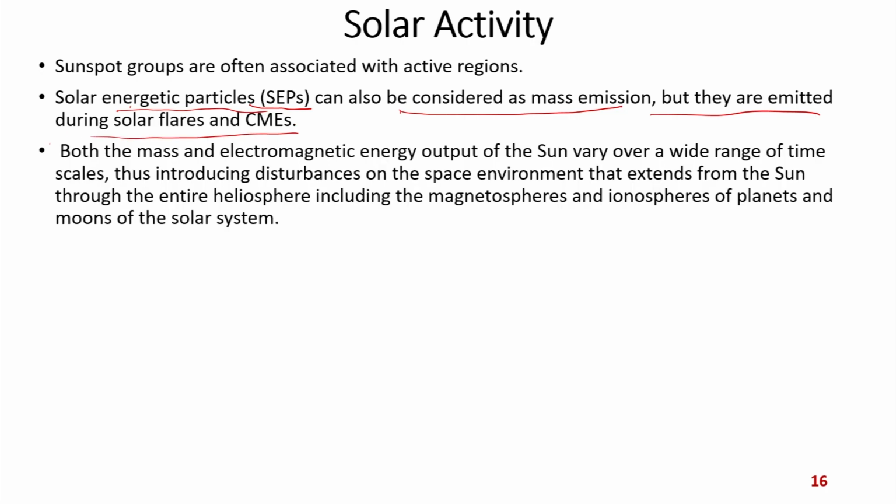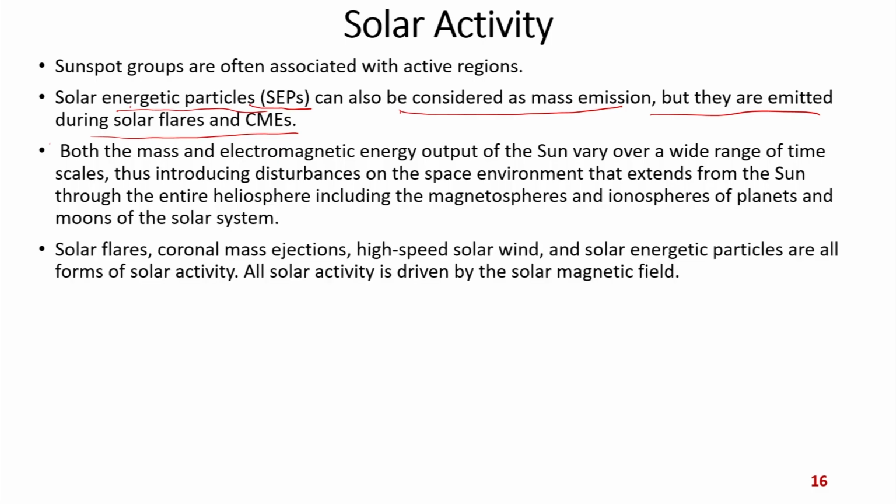Both the mass and electromagnetic energy output of the sun vary over a wide range of time scales, introducing disturbances in the space environment, and extend from the sun through the entire heliosphere, including the magnetosphere and the ionosphere and the planets and the moons of the solar system.